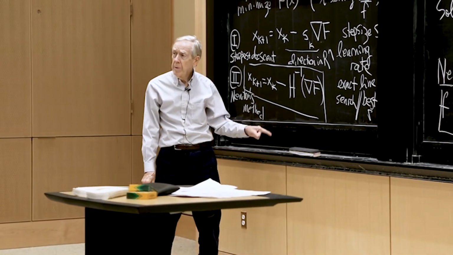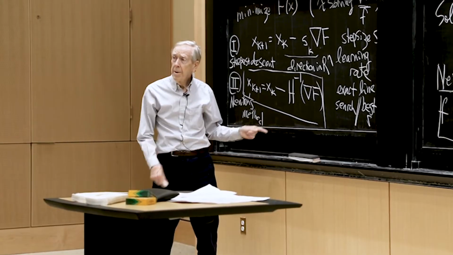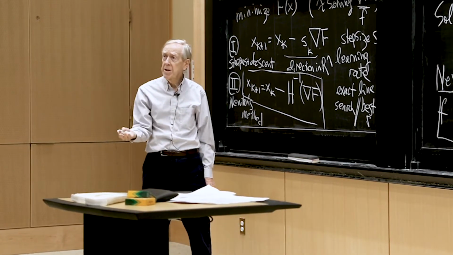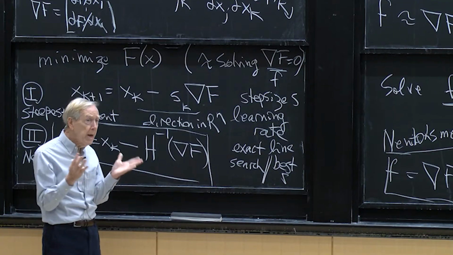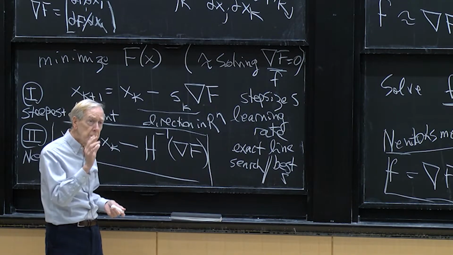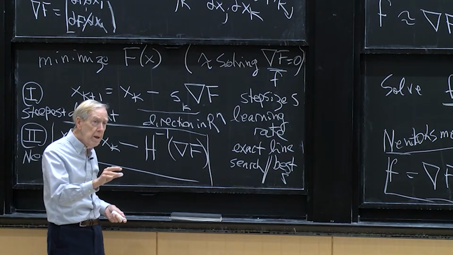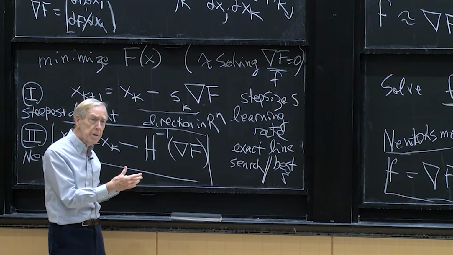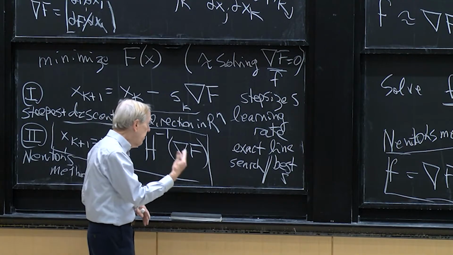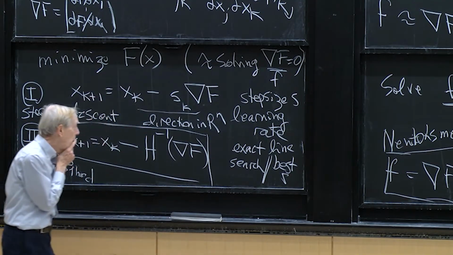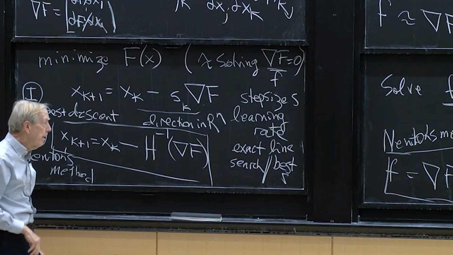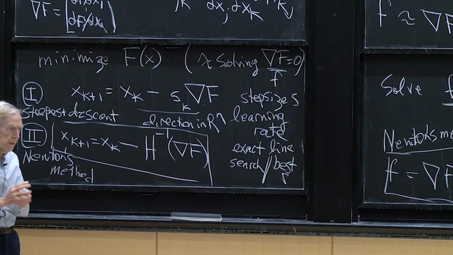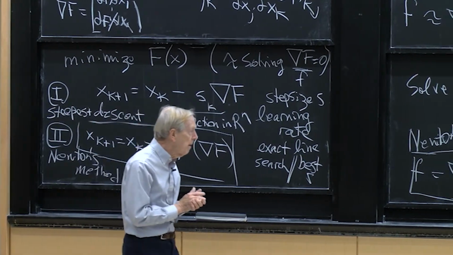That makes sense because the first derivative of the first derivative is the second derivative. Only we're doing it matrix-wise, a vector-matrix sense instead of a scalar sense. The Jacobian of the gradient is the Hessian. Okay, so that's what I wanted to start with, just to get those basic facts down.